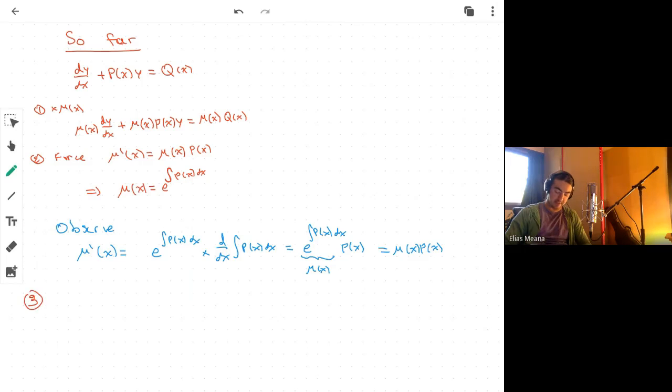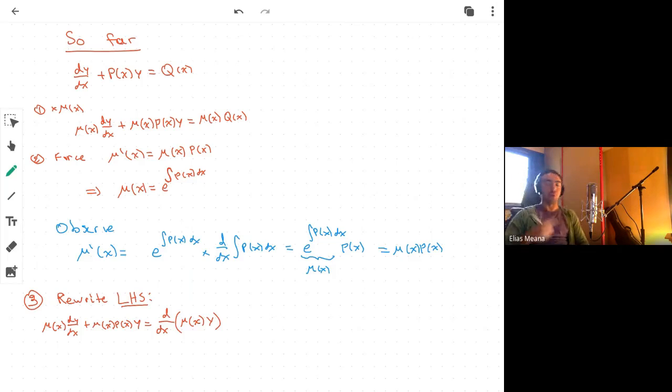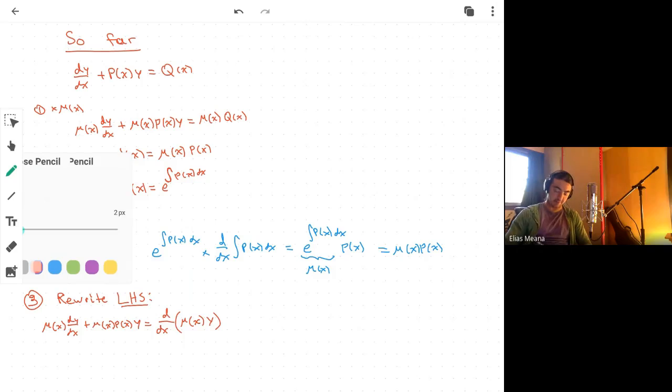And so now we can say a third step is we can rewrite the left-hand side, mu of x dy/dx plus mu of x p of x y, as d by dx of mu of x times y, because of the product rule.